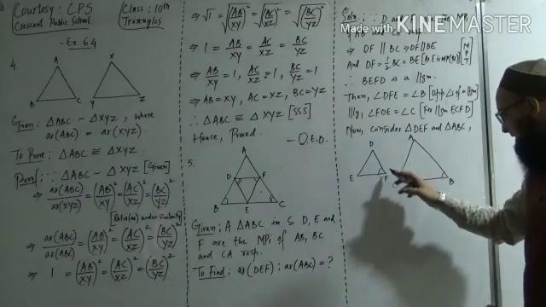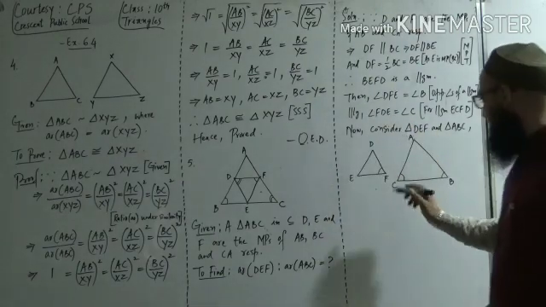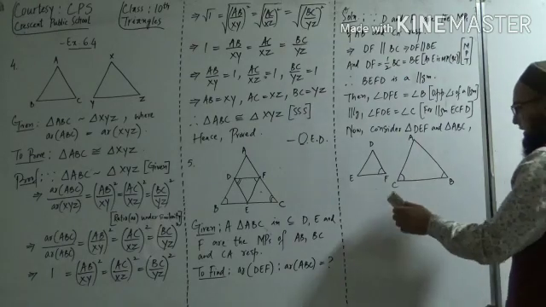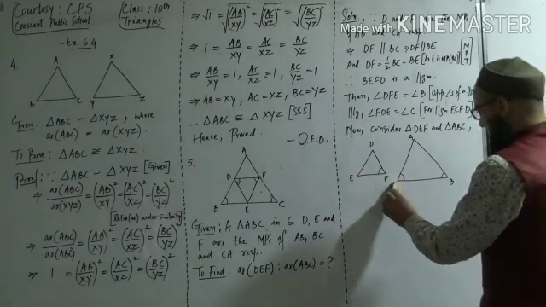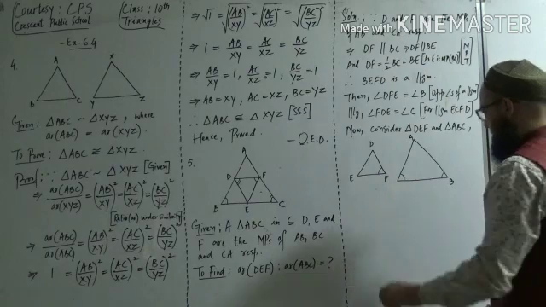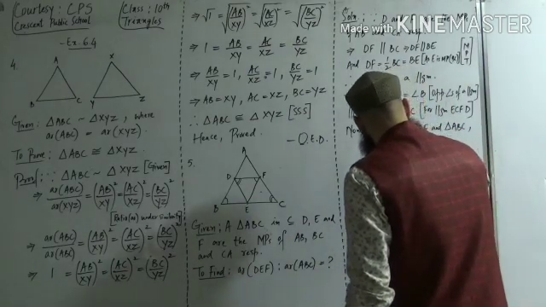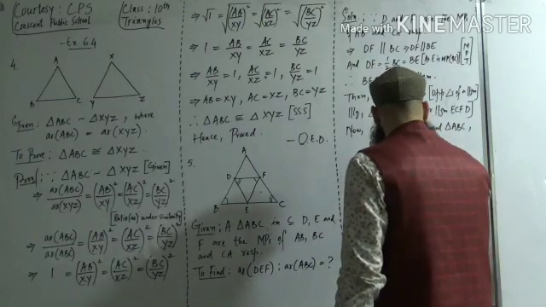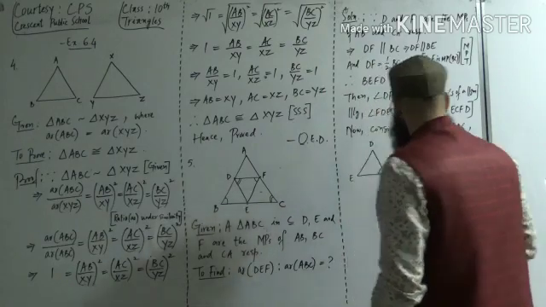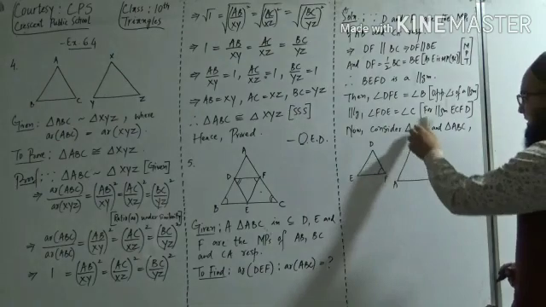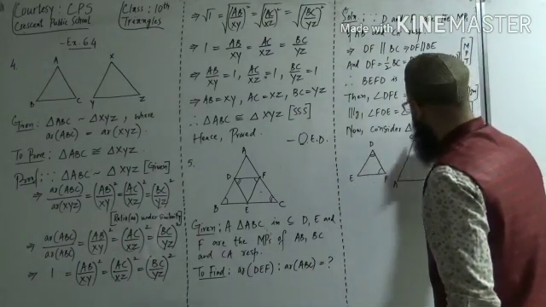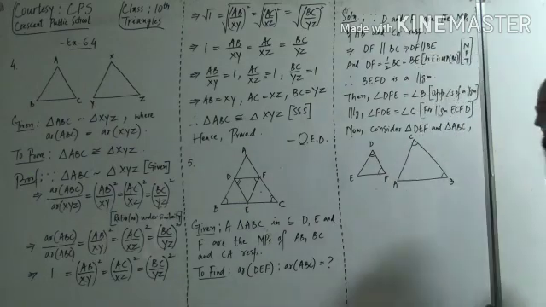So our angle DFE is equal to angle B, then FDE is equal to angle C. FDE is this angle. Now you have corresponding angles.